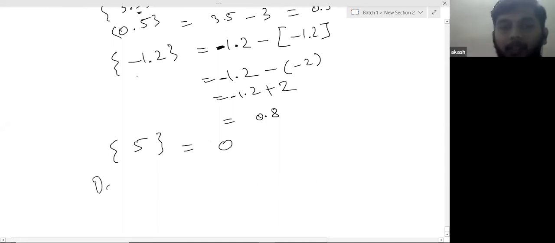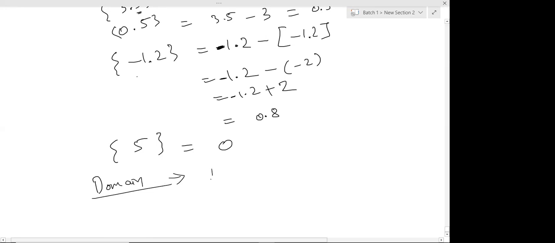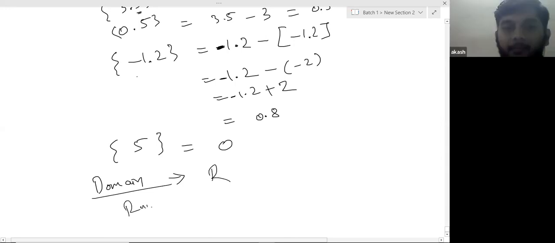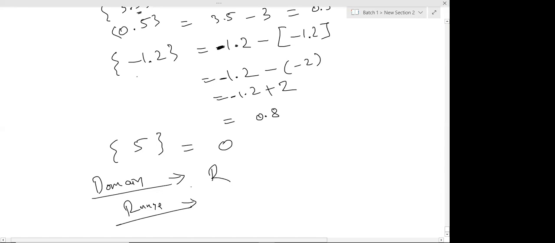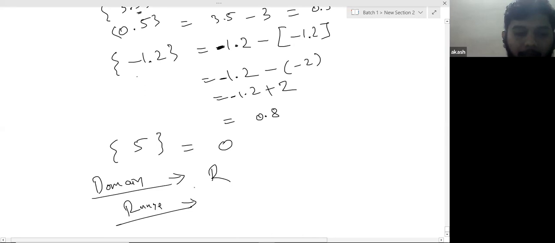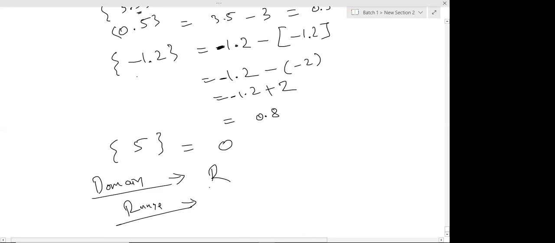Domain here, Irfan, what is the domain here? Domain is R. And range? Range is also R. Is that right, Rabia?